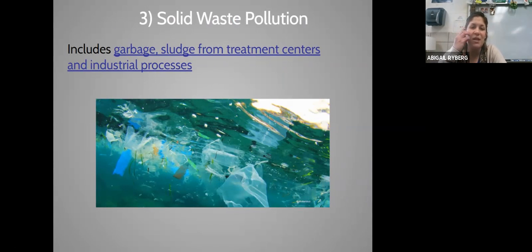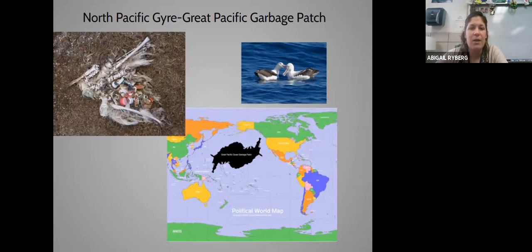The third type is just solid waste pollution, so trash, right? This includes garbage, sludge from treatment centers and industrial processes. One thing is this just massive floating garbage patch. This one in particular, I believe, is still the largest in the world.